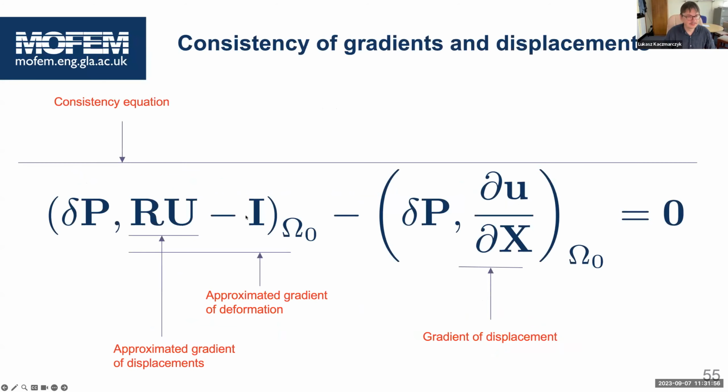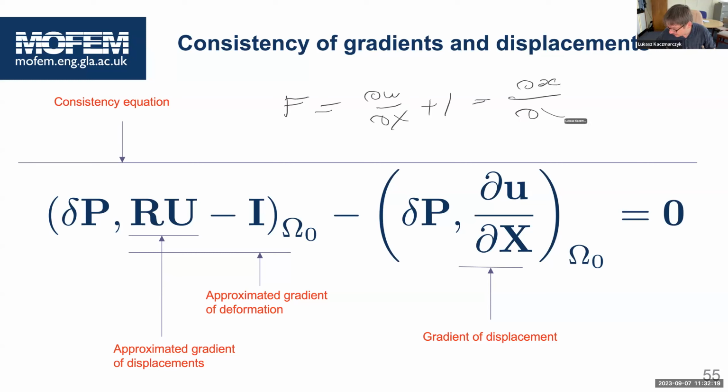So what I can do is write a formula which looks like this. I can find that F, the gradient of deformation, is du over dx plus 1, and this is equal to d small x over dX.